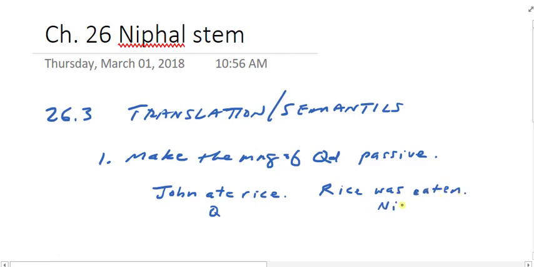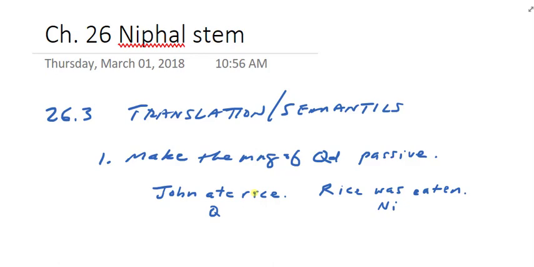I would use the Nifal of that verb to eat. Okay, rice was eaten. So that is by and large the most common way to see the Nifal used. It's to take a verb that exists in the Qal with active and transitive use or force, and then to make it passive in meaning.